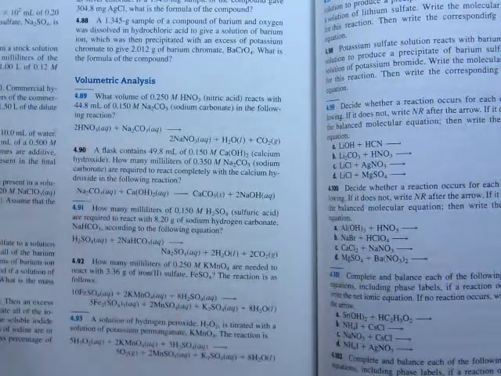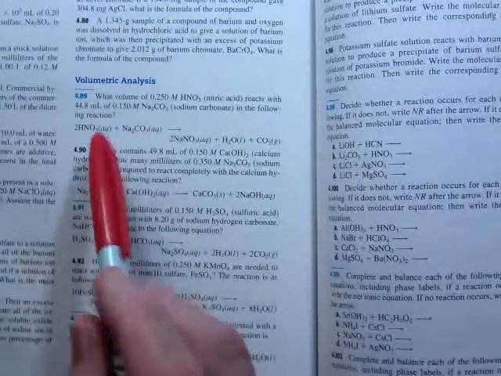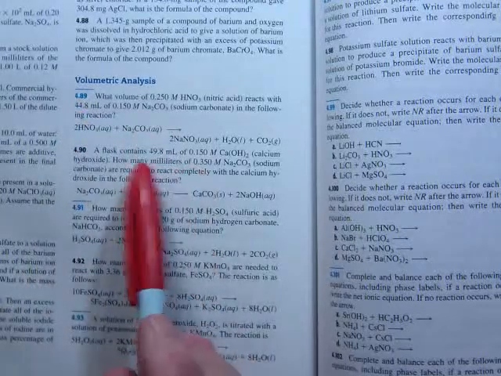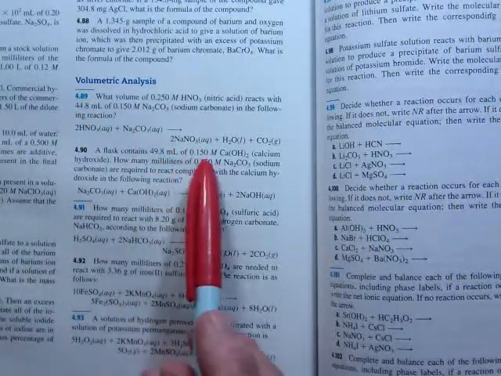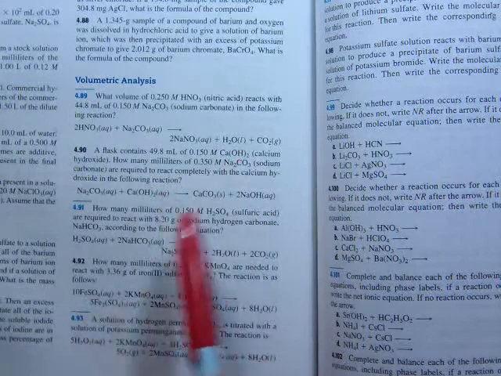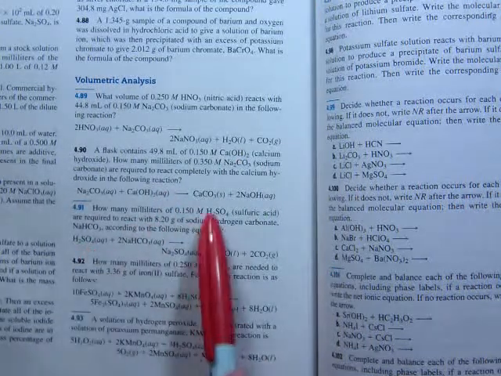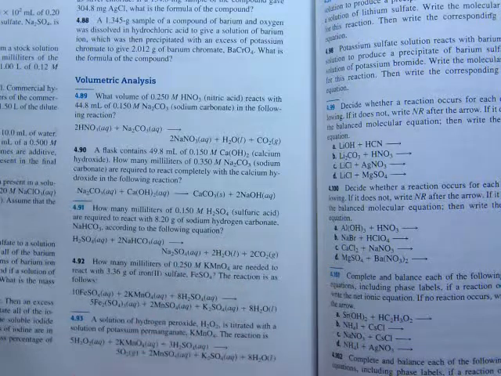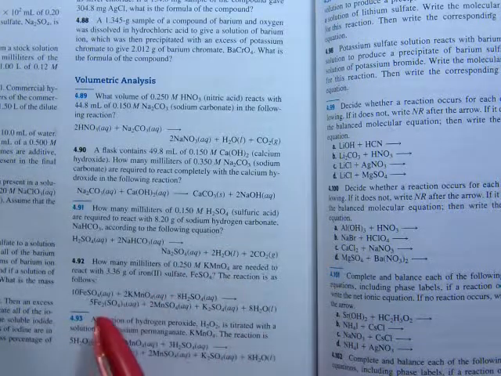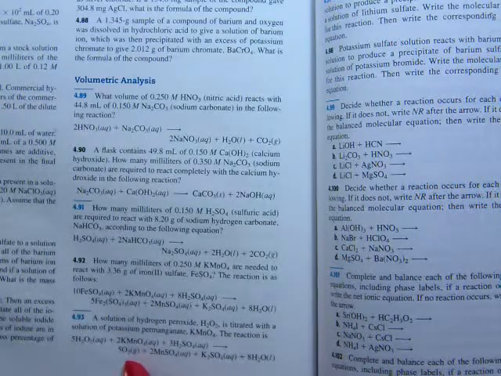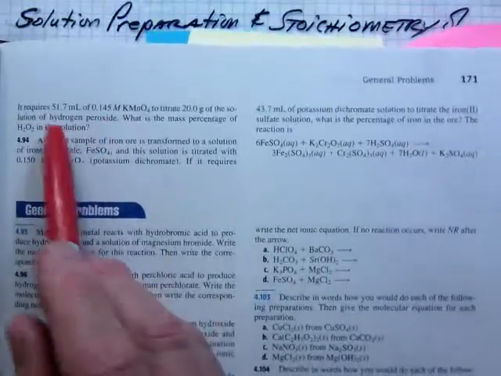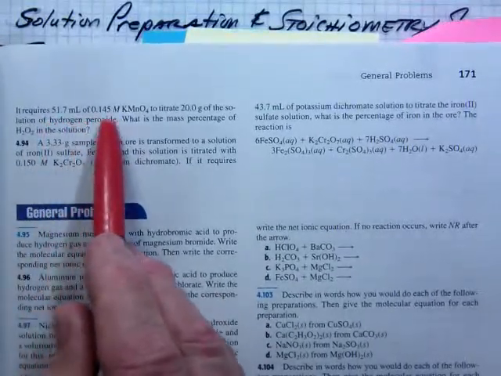And so, but the main thing right now in working solution phase problems is that you recognize terms like this: 49.8 milliliters of 0.1 calcium hydroxide. And here's, let's see, now this one's in mass, volume, molarities. Look down here. Some of them, they come in various forms. Let's see. Yeah. Here we go. This one, you see here is 51.7 milliliters of 0.145.